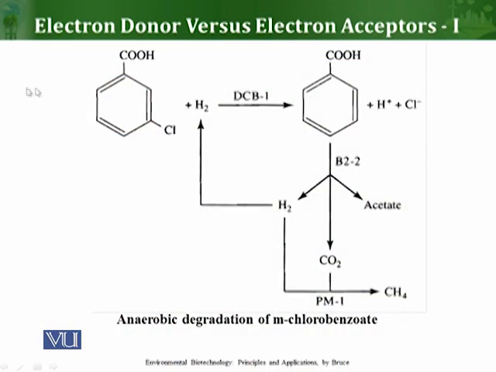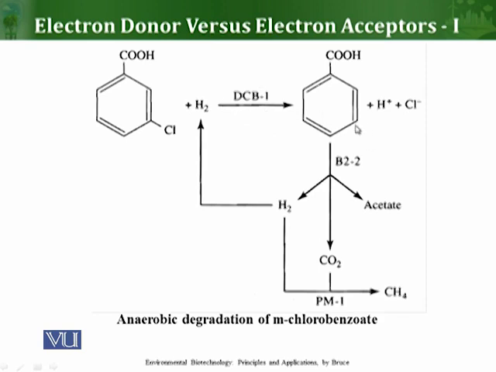So as you can see in this diagram, we have this chlorobenzoate, and the reaction is performed by a microbial species DCB1. It has been reported in literature, and the hydrogen here is basically the electron donor, and it donates the electron, and this chlorobenzoate is reduced to benzoate, and the chloride group is removed due to the action of this microbial species.